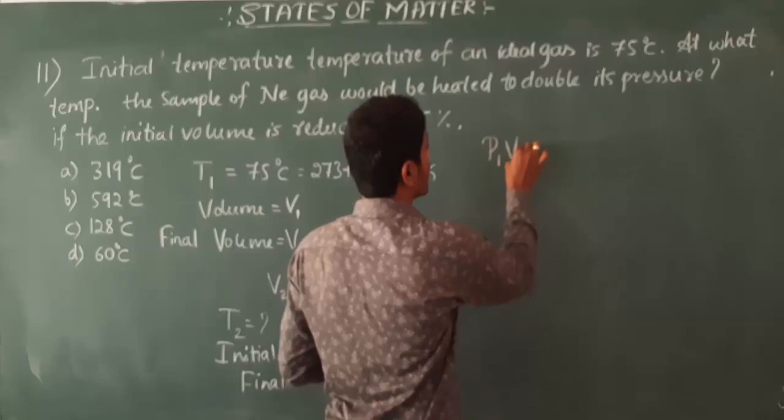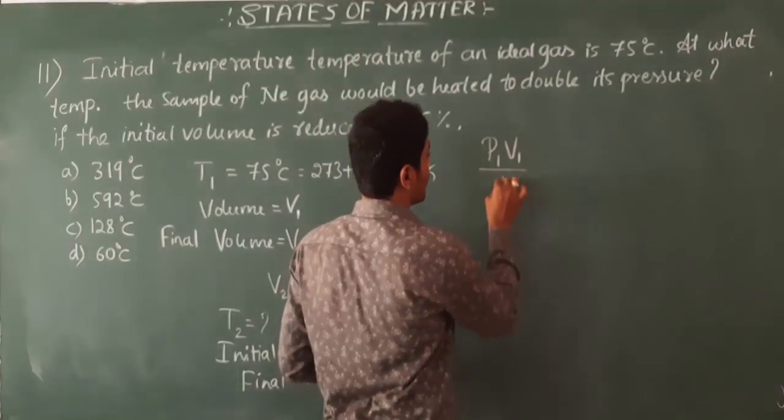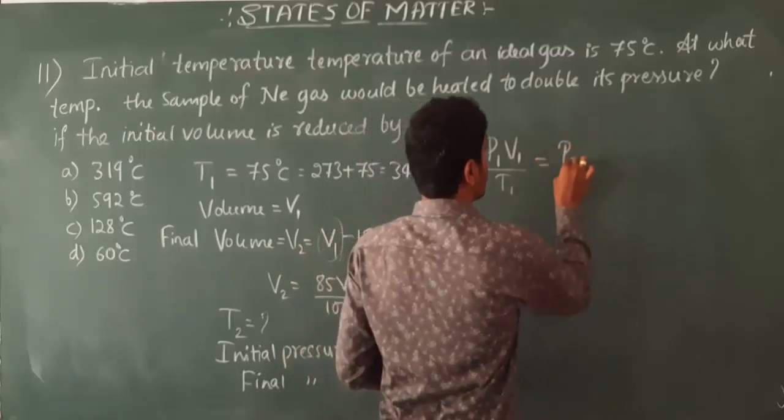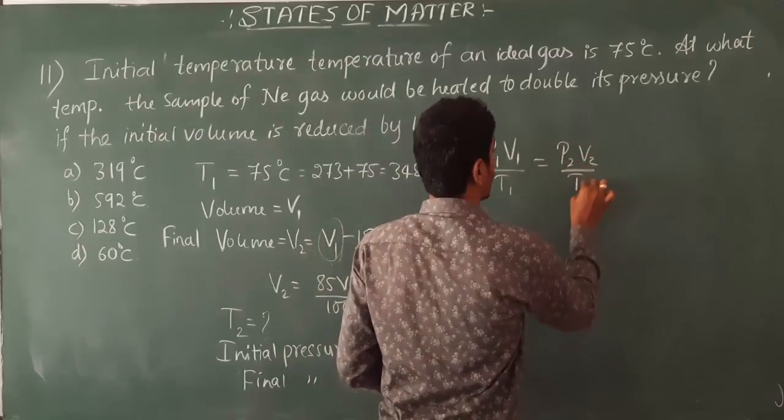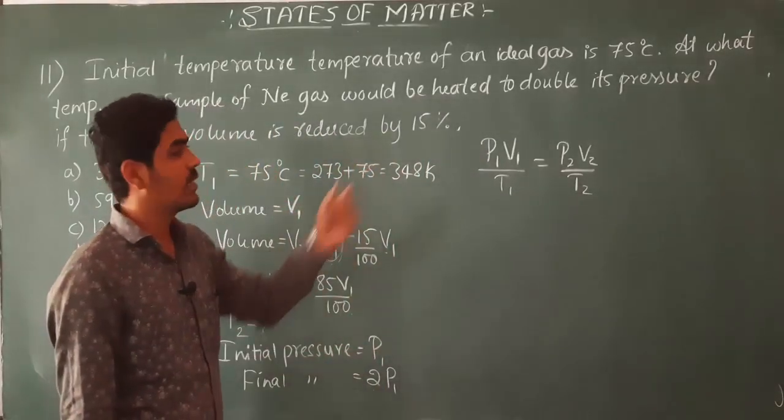Here you have to use the combined gas equation, that is P1 into V1 divided by T1 is equal to P2 V2 divided by T2. Now substitute the values in that equation.